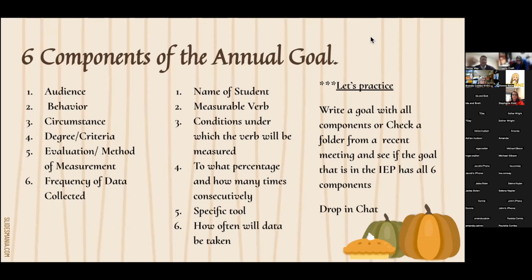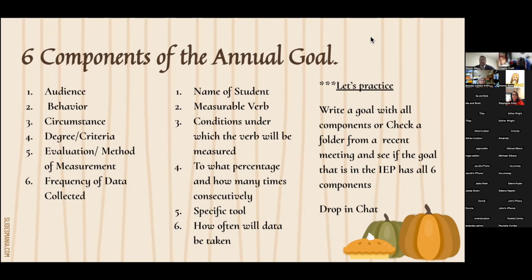And then one of the things that trips us up, and this is where we kind of fall off the page when we're writing goals, we forget to include the method of measurement. Okay. We forget to include the evaluation method of measurement, the specific tool.